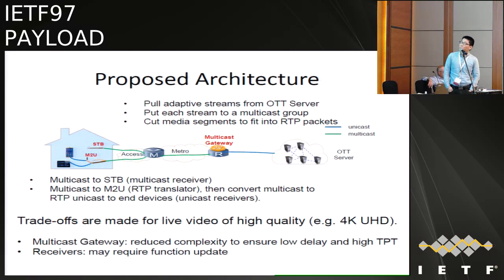So we want the multicast gateway to be as simple as possible. It may have a lot of processing to do on the video contents, but we need to ensure it has low delay for the live content and high throughput for high resolution video. That might require some updates to the receivers at home, to the clients. They may need to update their software to support these new RTP formats.